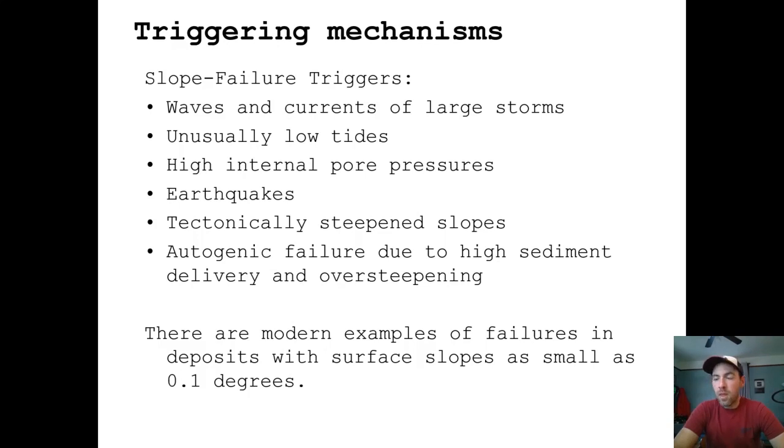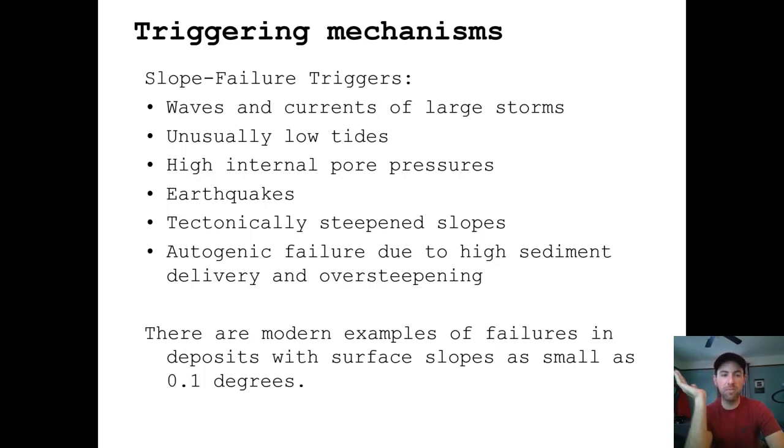And it doesn't take a lot of steepness in these deepwater environments to trigger the generation of a turbidity current or a submarine debris flow. There have been modern examples of slope failures in deposits where the surface slopes have been as small as 0.1 degrees.